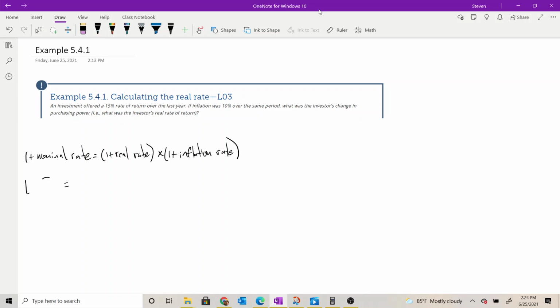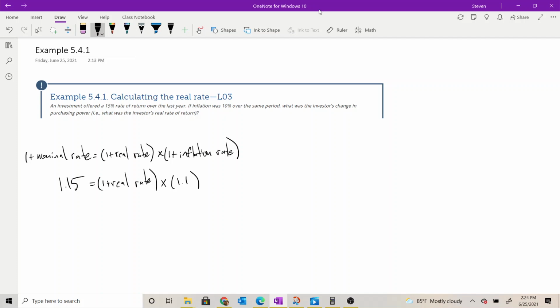And that is equal to, let's actually line this up a little better so it's more obvious where things are coming from, 1 plus the real rate, which is what we want to solve for, times 1 plus the inflation rate. Well, inflation was 10% over this period, and 10% expressed as a decimal is 0.1, so that's 1 plus 0.1, or 1.1.